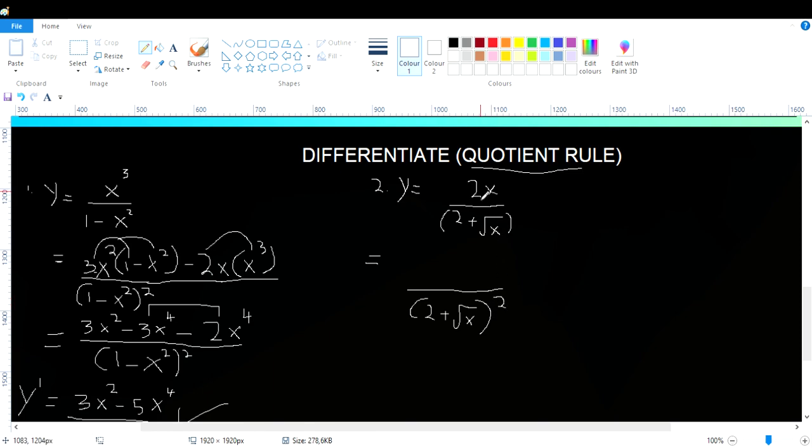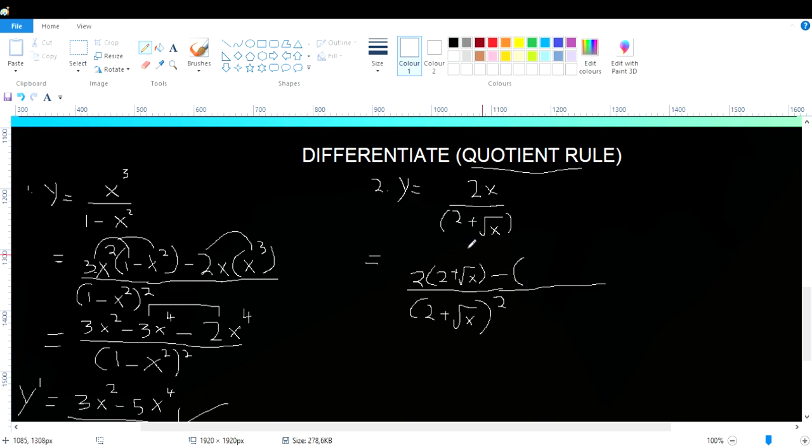Then we're going to differentiate the numerator. The derivative of the numerator is 2. Then 2 times this function, which is 2 plus root x, then minus, then we're going to find the derivative of this function.